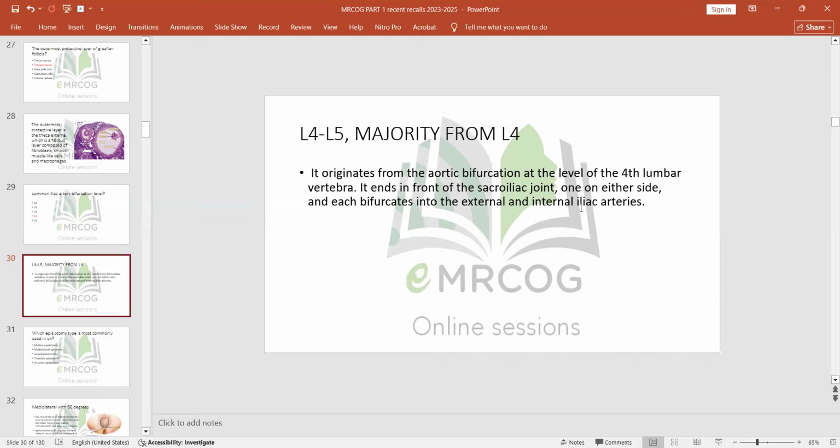The level where the ureters enter the pelvis, going from lateral to medial, is also important. The levels of the branches of the aorta are like every exam question. The dermatomal level of the umbilicus, would you remember it? This is like every exam question also. They love it. What is the dermatomal level of the umbilicus?